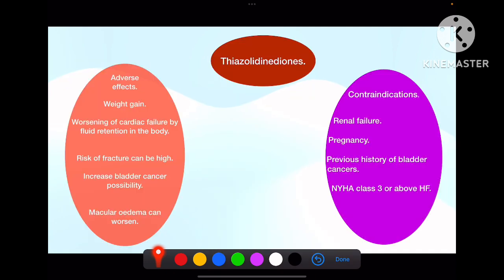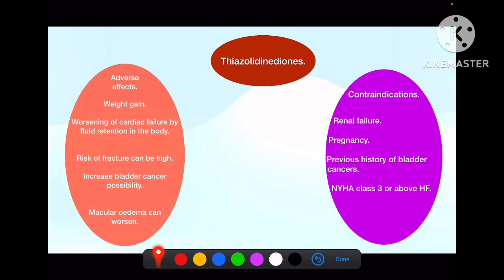Right. Actually I just want to tell you about the adverse effects of thiazolidinedione and the contraindications. Adverse effects: weight gain is a very common one. If your patient has a high BMI and you give thiazolidinedione, then that patient's BMI will be high again, right?